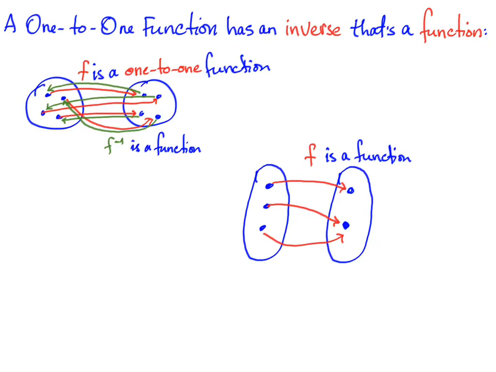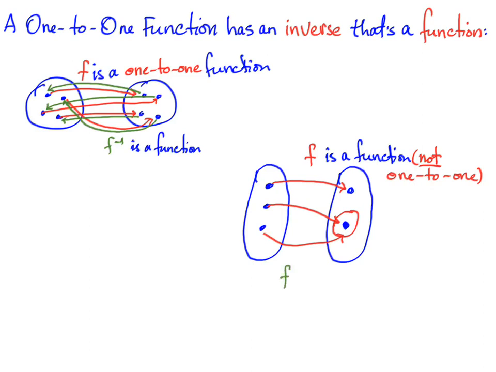But now look at the blue dots on the right, the outputs. There's one dot that has two arrows hitting it. So that means that f, even though it's a function, is not a one-to-one function, because one of the outputs has two inputs that hit it.